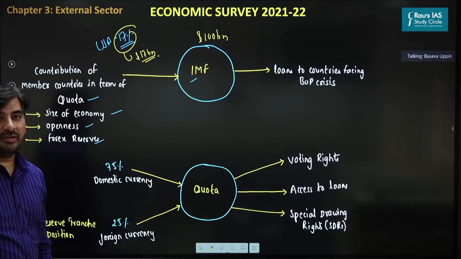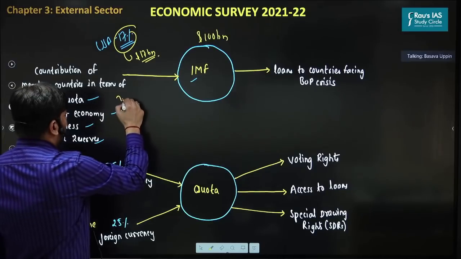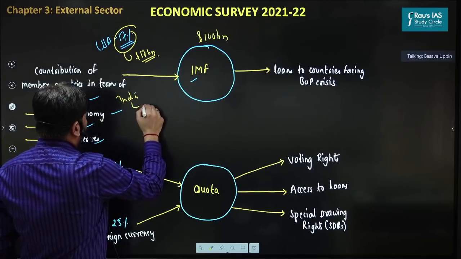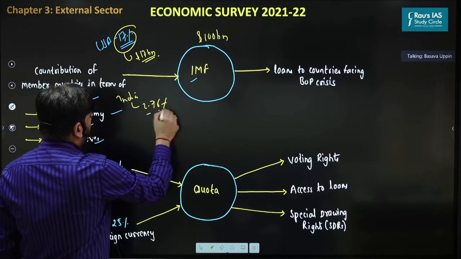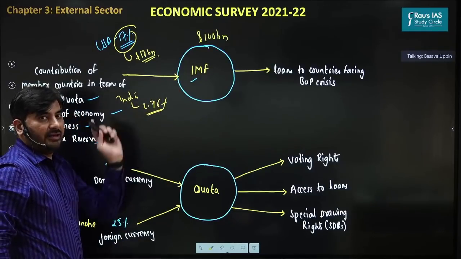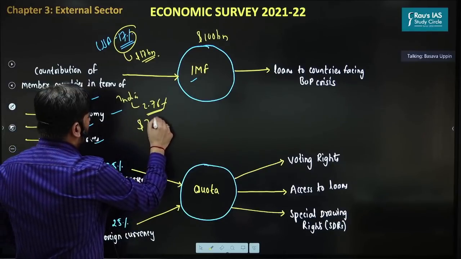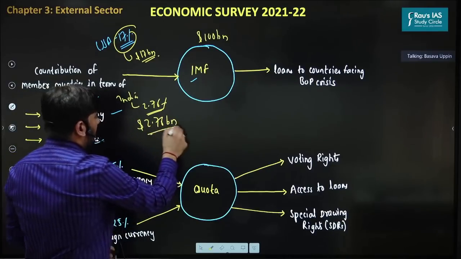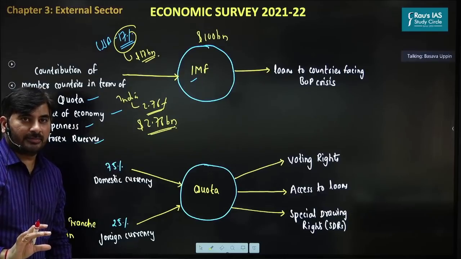I hope you're getting this point. As far as India is concerned, India's quota is 2.76%. So if the total money mobilized by the IMF is $100 billion, India would have contributed $2.76 billion. Are you getting this point?